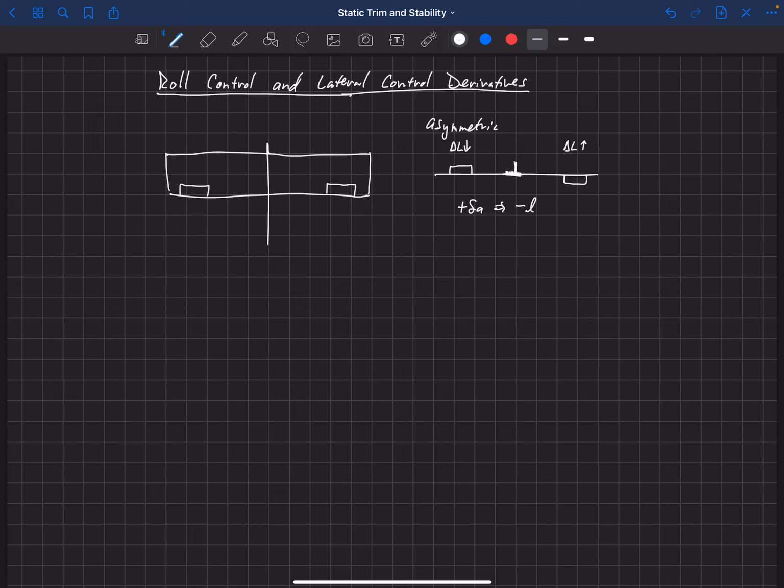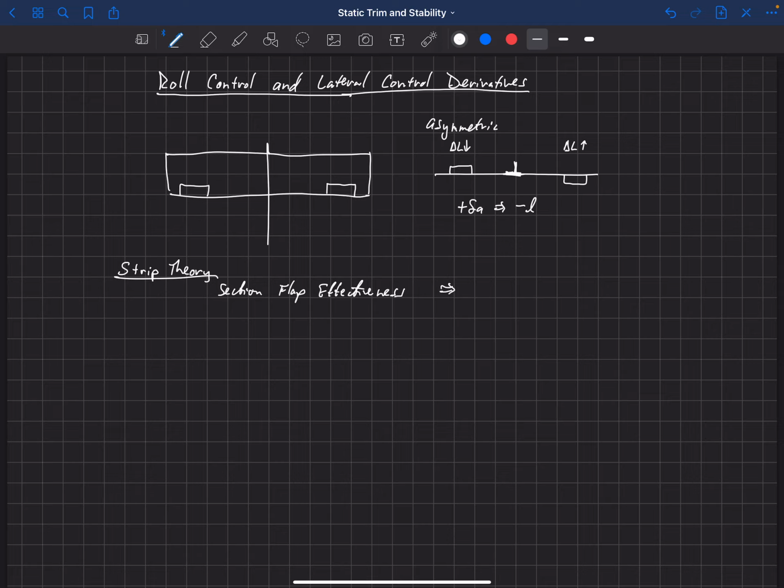So how could we predict the amount of rolling moment that we're going to get for a certain amount of aileron deflection and wing design? One of the simplest theories is what's called strip theory. In this theory, basically what happens is we use the section flap effectiveness, and this you could get from thin airfoil theory, for example.